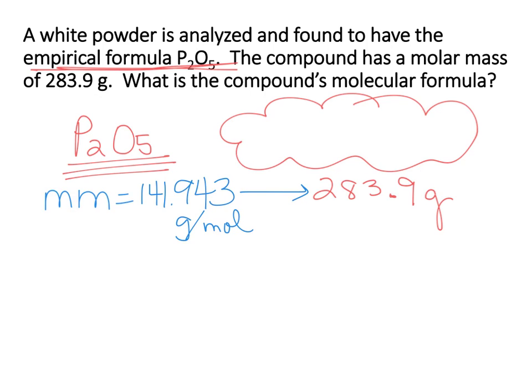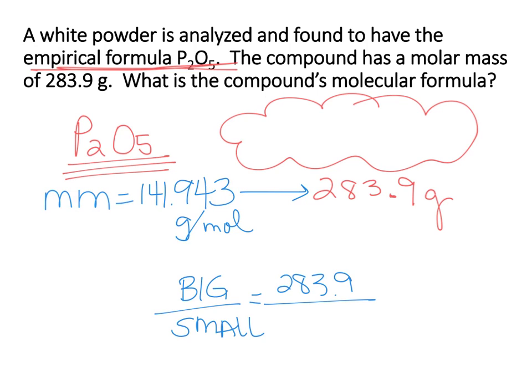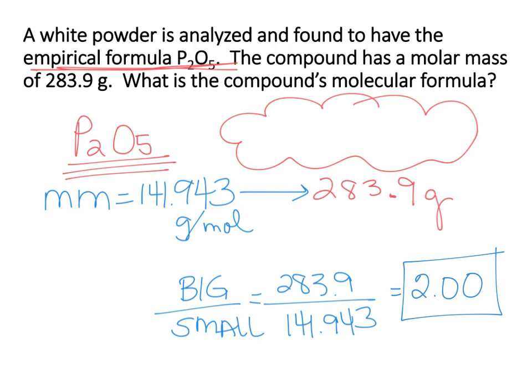But if it's not so obvious, always take the big number, divide by the small number, and see what you get. So if we took 283.9 and divided by 141.943, we actually get 2.00. So basically what this is saying is, hey, multiply by 2.